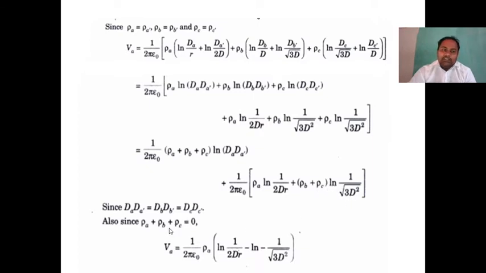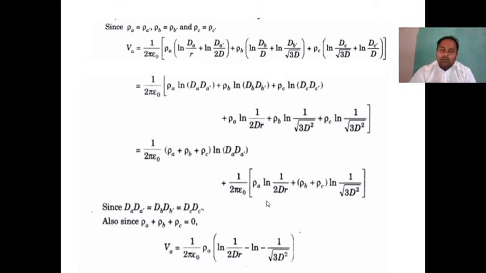From rho A plus rho B plus rho C equal to 0, rho B plus rho C becomes minus rho A. So replace rho B plus rho C with minus rho A, which gives log A minus log B form.